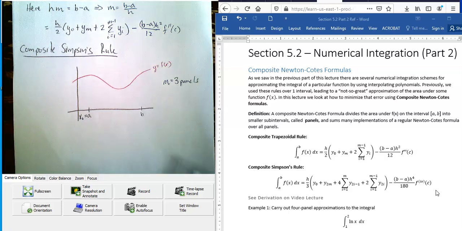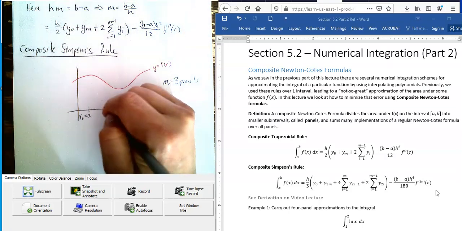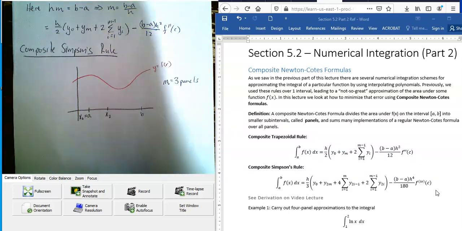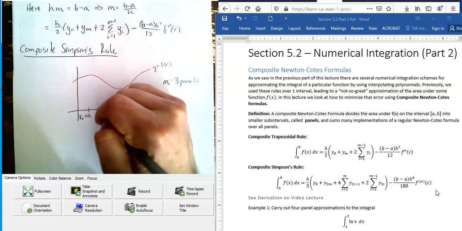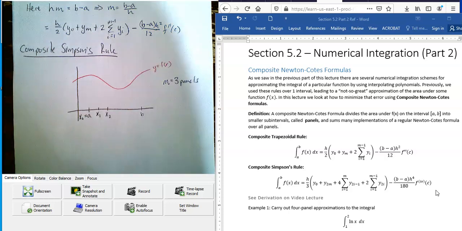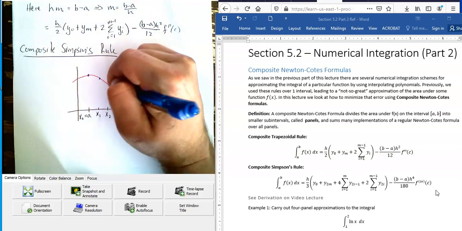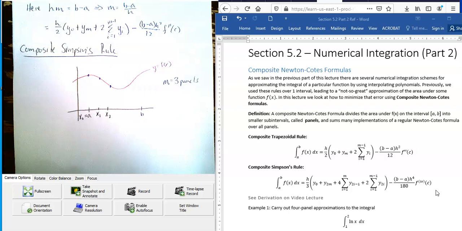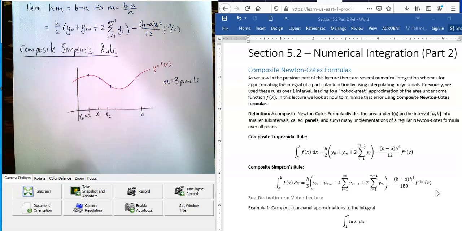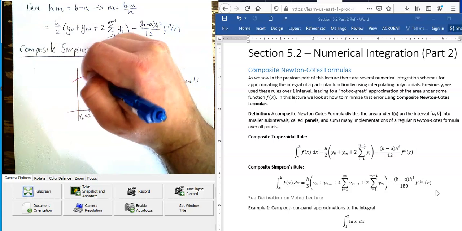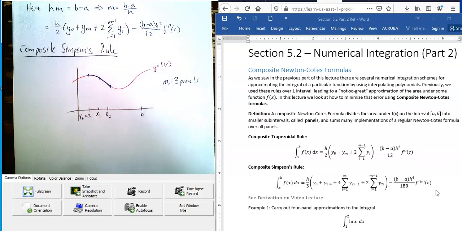So in the first panel, if we're using a quadratic, we need to go up to x2 and use x1. We have to have 3 points in order to fit a parabola to this section of the graph, okay? So the parabola would interpolate this portion of the curve.